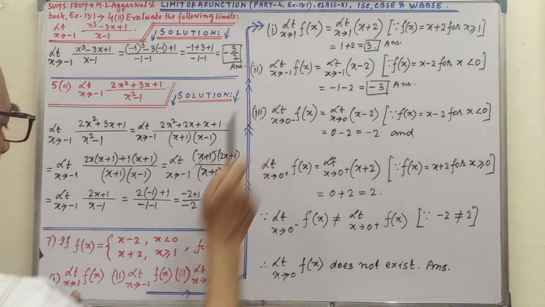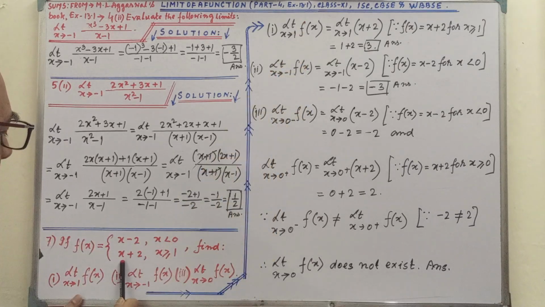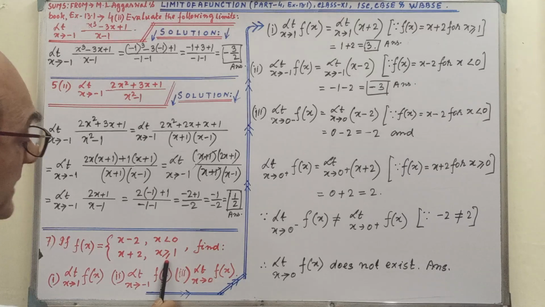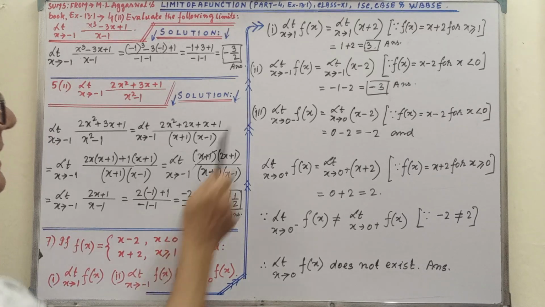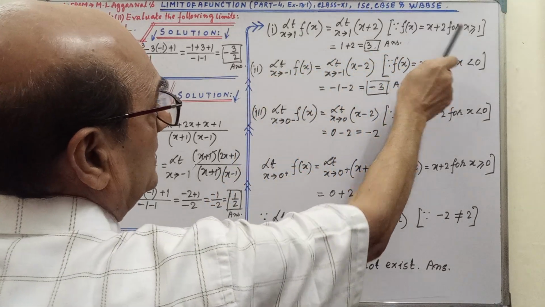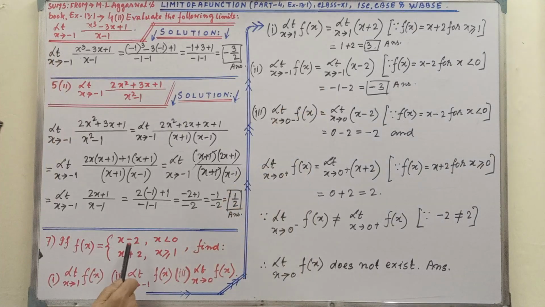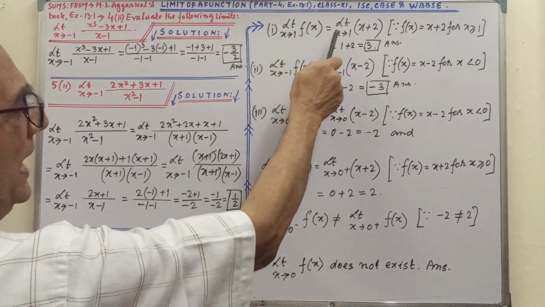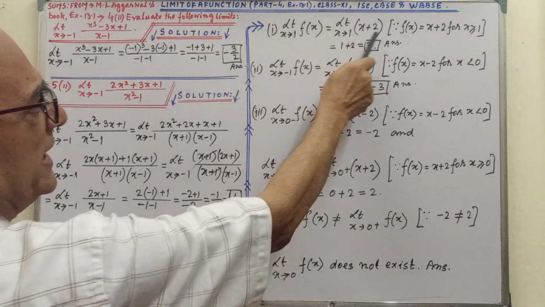Against this we have to consider this expression because this value is greater than equal to 1. Here 1 is given, here it is written clearly why we are taking x plus 2, because it is greater than 1. This is why we have to take this expression x plus 2.